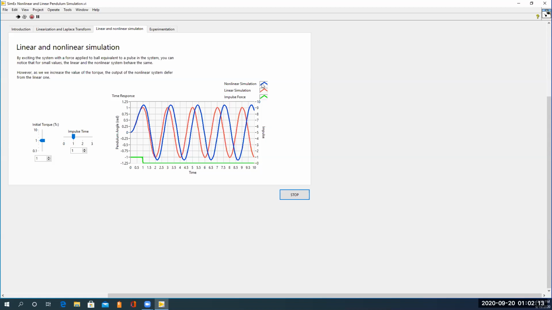The blue curve is the angle of the pendulum using the nonlinear model. That's the true model. And the red curve is the linear model we use to approximate the nonlinear model. As you can see clearly, the approximation is not very good.